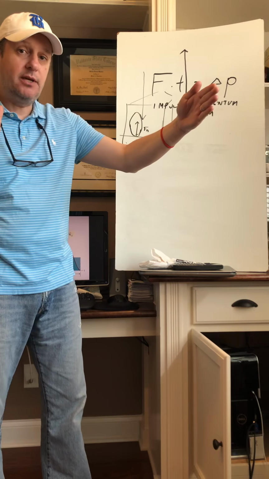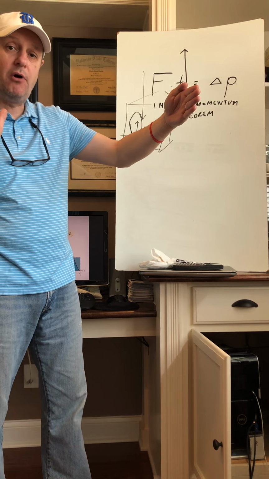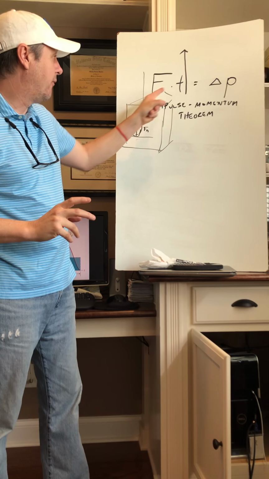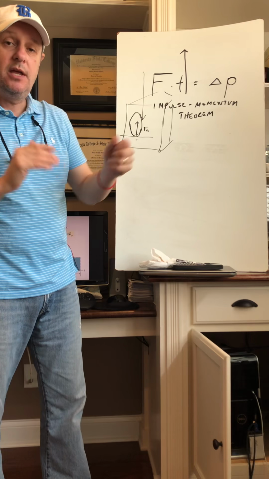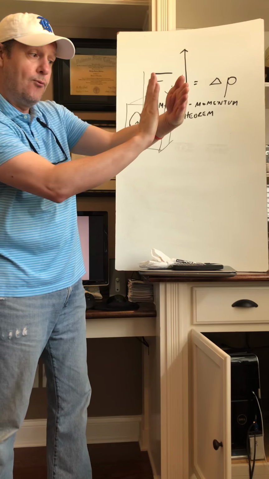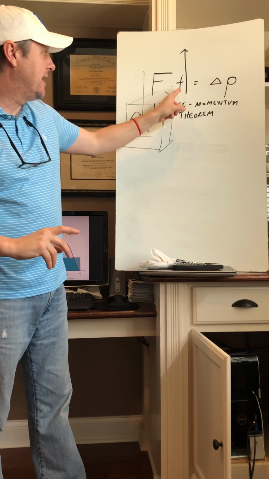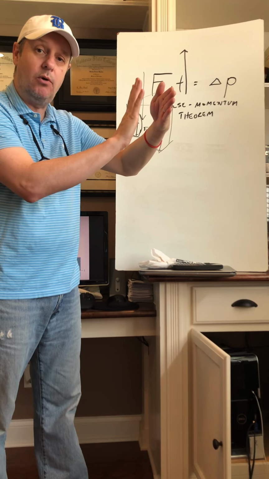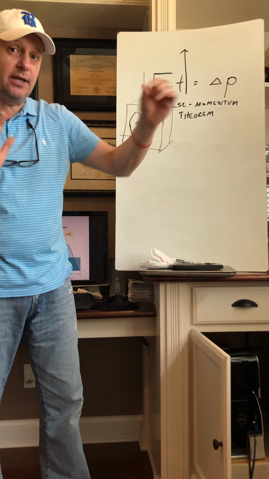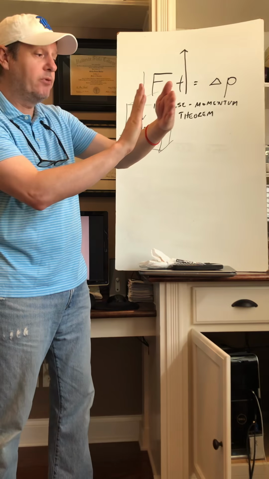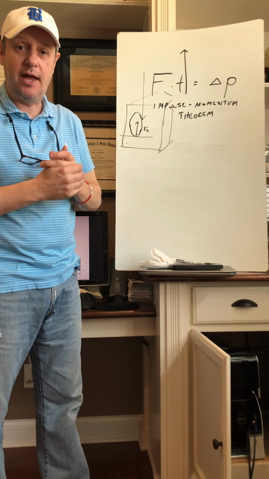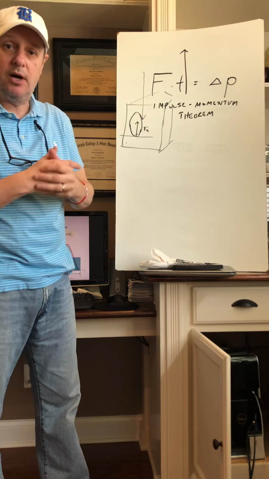So instead of going forward quickly with a really big force in a short period of time, you go. So what does it do? It increases the time over which your body is slowing down very slightly. So if it increases the time over which you slow down, then it's got to decrease the net force that's causing that change in momentum of your body.